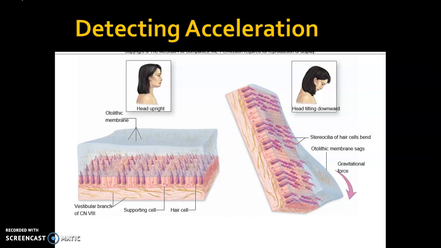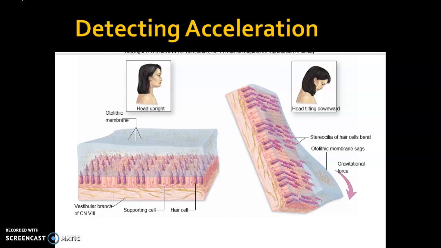Are they bending? Yes. As the stereocilia and the kinocilia bend, that sends out action potential via the axons of the vestibular branch of cranial nerve 8, which then goes to the temporal lobe of the brain for further processing.